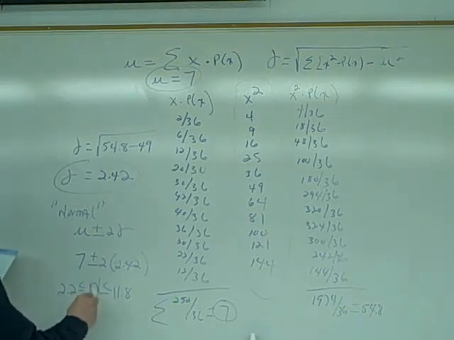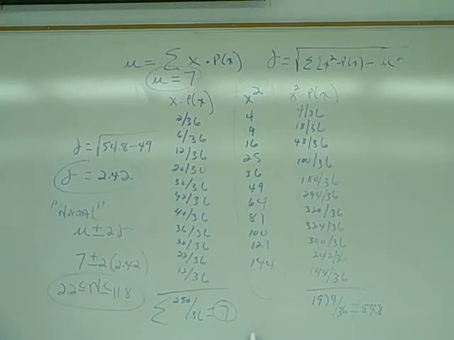Everything in between there would be considered normal. So in rolling our dice, a sum of 2, or a 1 and a 1, would be out of the normal range, and a sum of 12, or 6 and 6, would be out of the normal range.